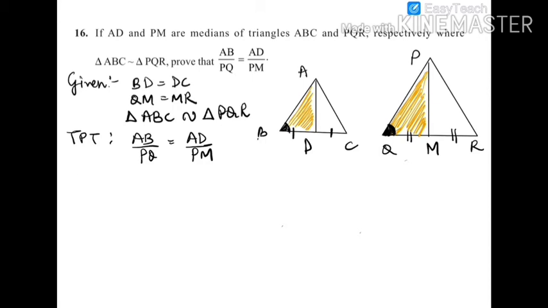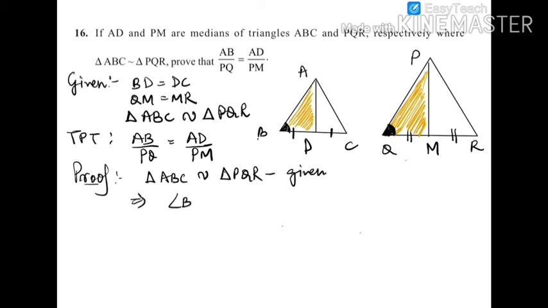So let's write down triangle ABC similar to triangle PQR, given. So this implies angle B is equal to angle Q. They are corresponding angles of similar triangles. And AB upon PQ is equal to BC upon QR.